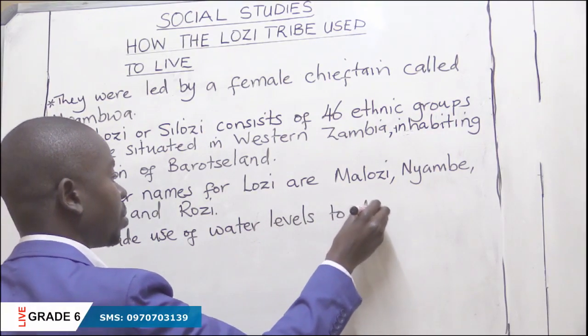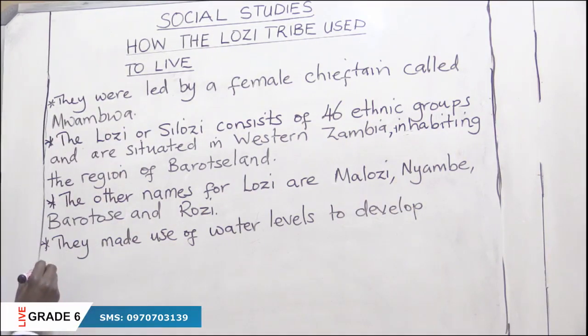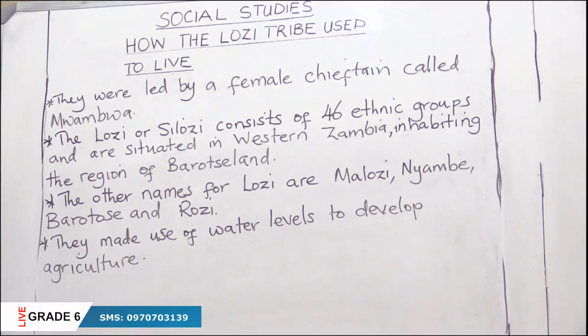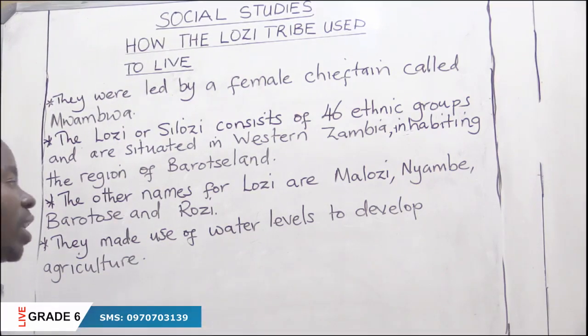They made use of water levels in Western Province, that is the Zambezi River, to develop agriculture.